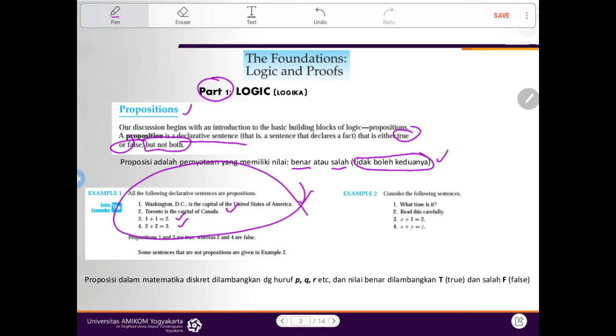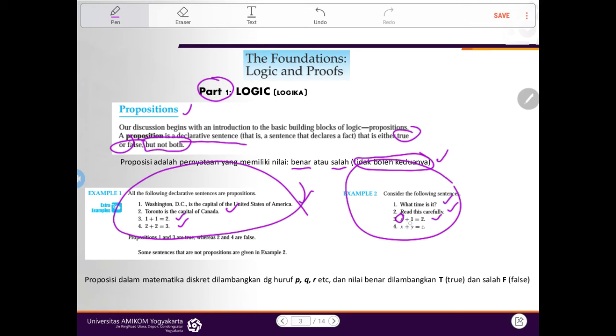The examples that cannot be judged as propositions are like example 2. Number 1 is a question, not a proposition. Number 2 is a command or order, not a proposition. Number 3 also is not a proposition because we cannot judge true or false, it depends on the value of x.